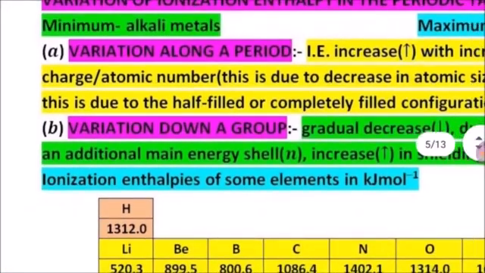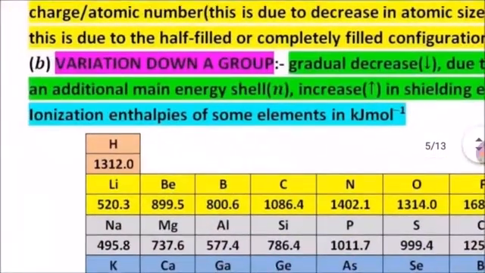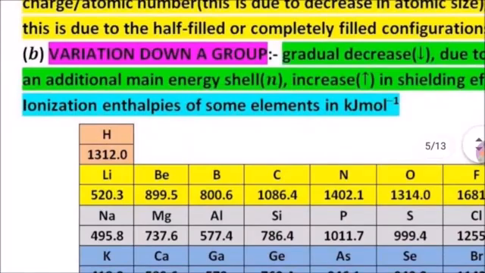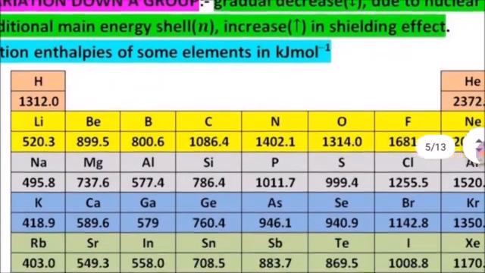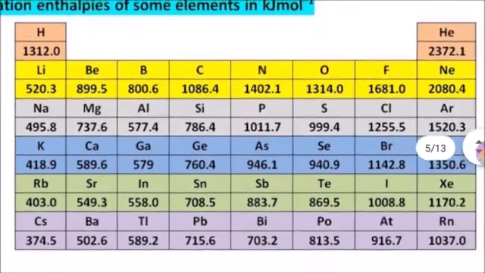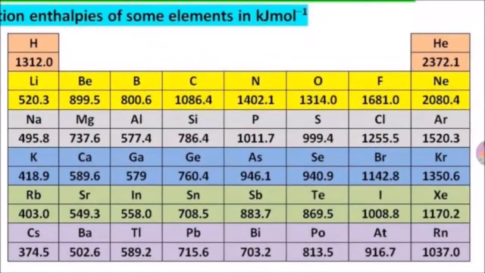But for variation down a group, there is a gradual decrease, due to the increase in nuclear charge, the additional main energy shell, and the increase in shielding effect. The ionization enthalpy of some elements in kilojoules per mole is shown. When we go down a group, ionization enthalpy keeps decreasing. For example, in the table you can see hydrogen ionization enthalpy is 1312.0, lithium 520.3 because of its smaller size.